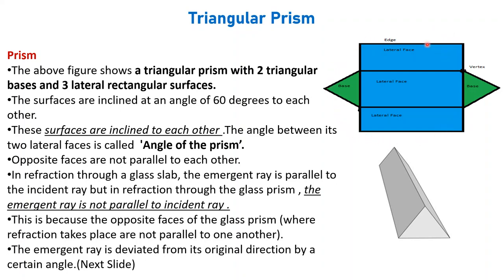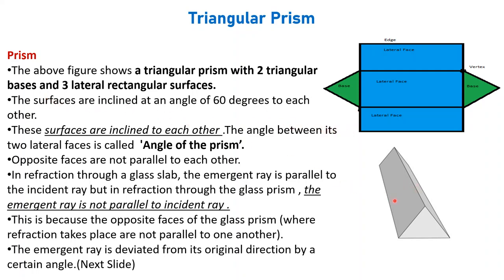There are different kinds of prism, children. This is the one that we are going to use for this chapter. A triangular prism has two triangular bases and three lateral rectangular surfaces, as I've showed you here. Now the surfaces are inclined.